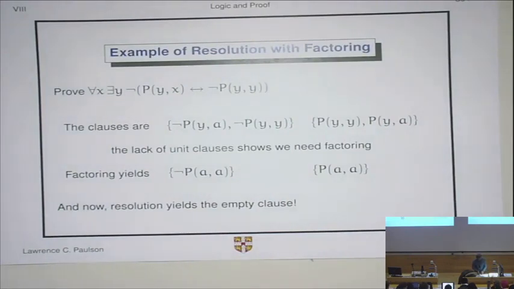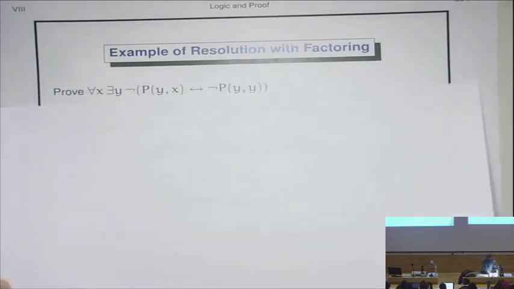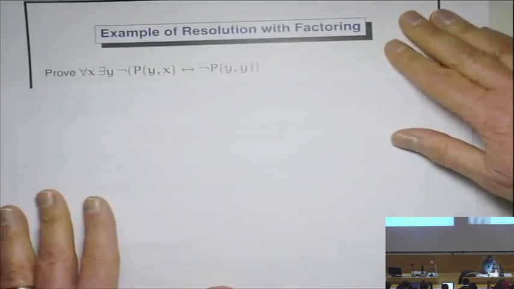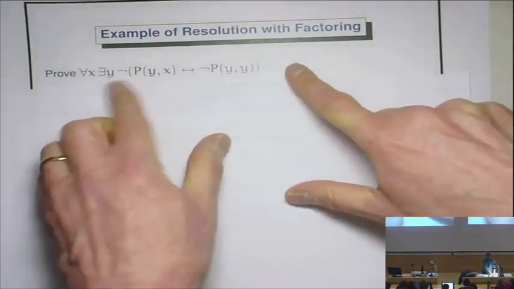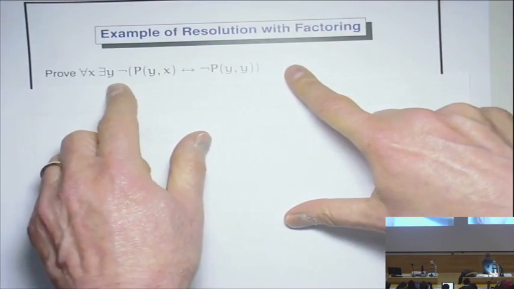Okay, I have an example here. Even in the tricky old days when I tried to do some proofs right in front of you, I would not tackle this because it's kind of hellish.